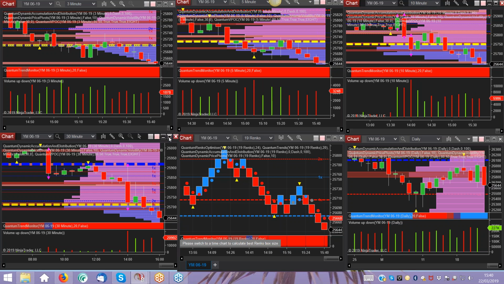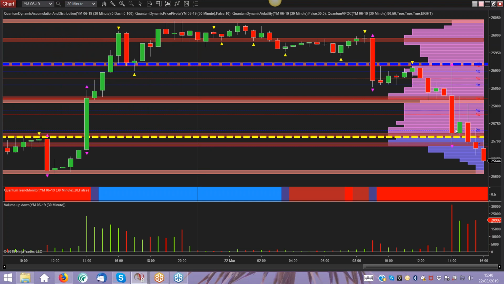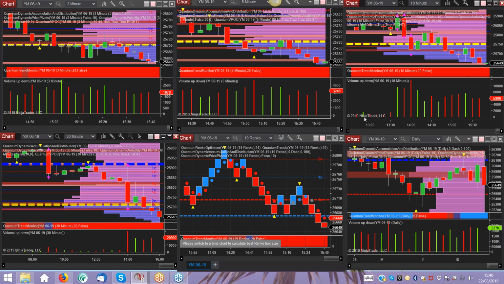We're starting to move away from the volume point of control down here, and as we do, we're moving down and deeper into an area of light volume. So if we get down below, let's say, 25,620 odd, then we're pretty much cleared away down through 25,600 and possibly more.